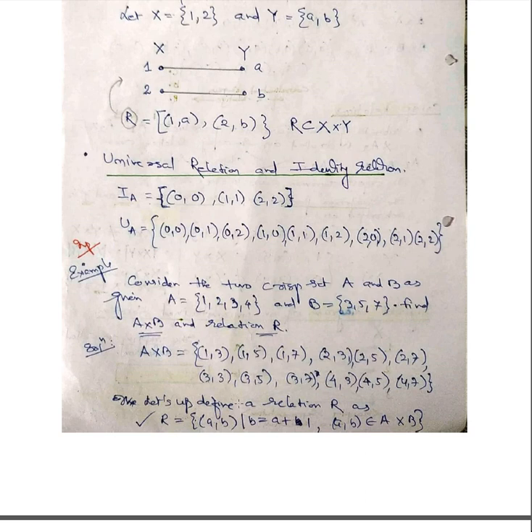So here it is mentioned that the relation R is equal to the set of (A, B) such that B is equal to A plus 1, and (A, B) belongs to A cross B. Now what does it mean?